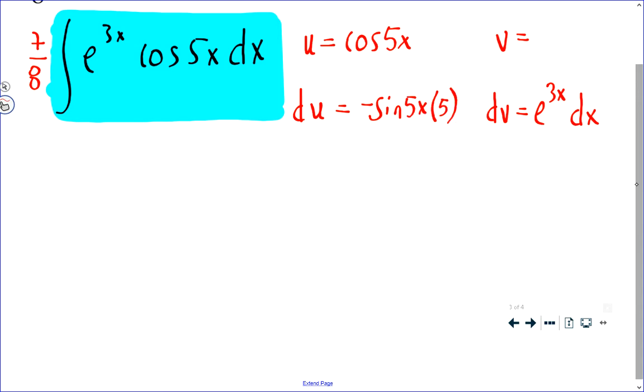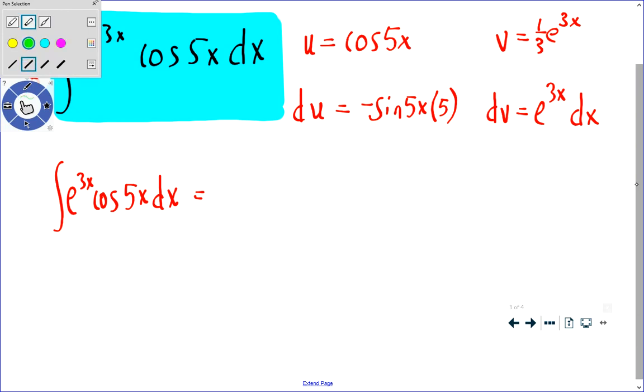The antiderivative of e to the 3x would be 1/3 e to the 3x. So this integral of e to the 3x cosine 5x dx is equal to uv.